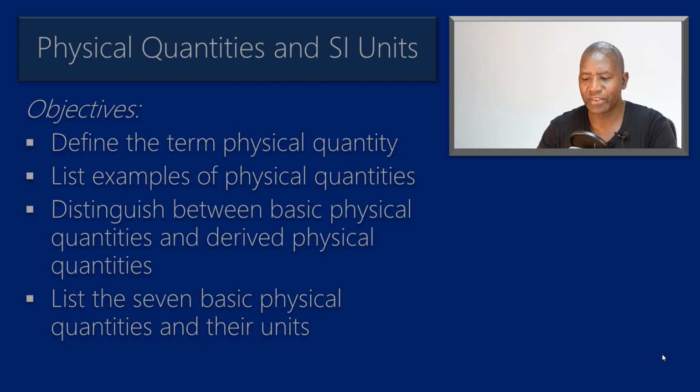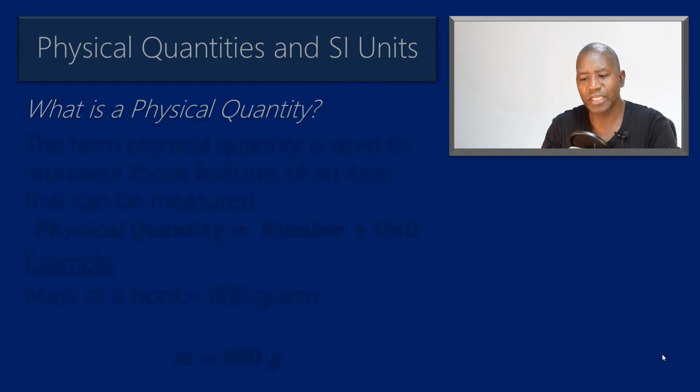So let's start by the definition of physical quantity. What is a physical quantity? Now, the term physical quantity is used in physics to mean those features of an item which can be measured. We usually measure physical quantities using an instrument.